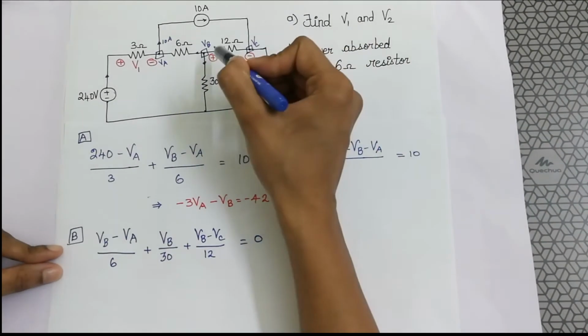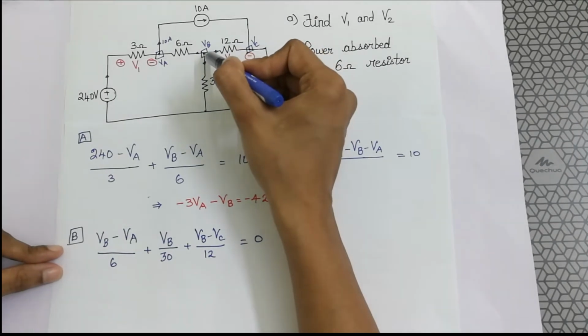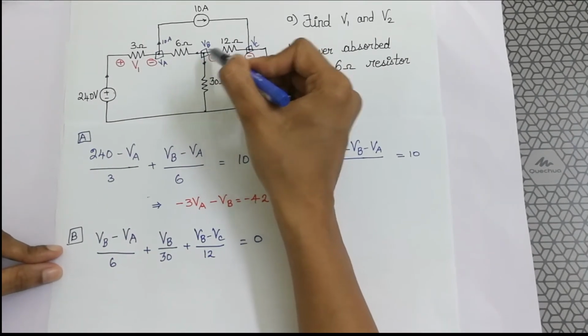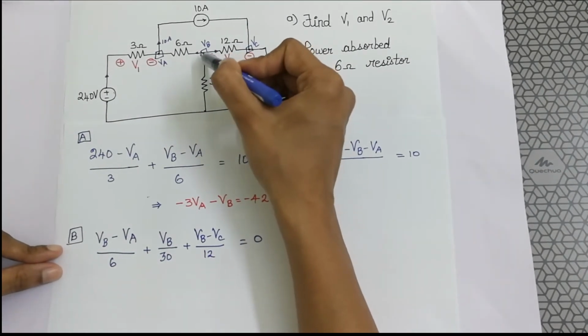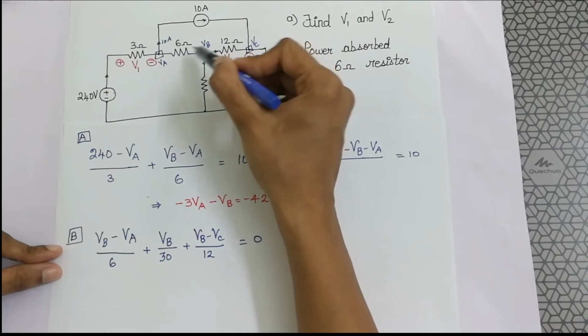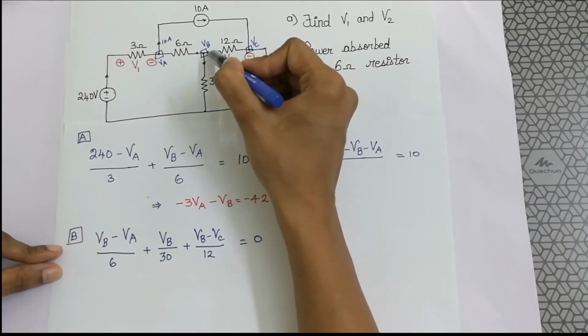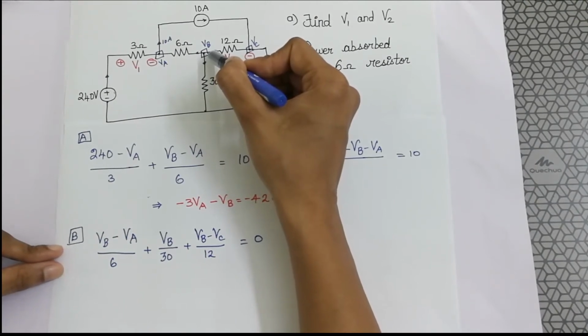Logically speaking, we must have some current entering this node, only then it will leave. Let us see in the end what the other voltages are and then compare and understand whether VB is really the greatest. It cannot be, but let us try it out.